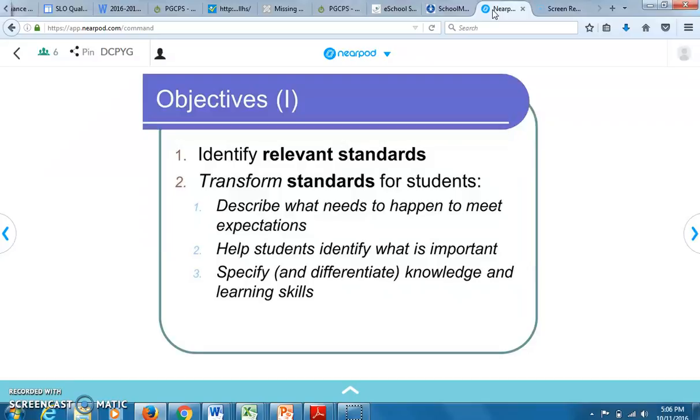So objectives aren't always going to stay the same. Sometimes you have an objective and you think you're ready to go for the class, but then you look at some data from past classes and you say, you know what? My kids just didn't get this. My students just didn't understand this portion. So sometimes you have to differentiate or change the objective. A standard can't change. You can't change the wording of a standard. The standard is what it is.